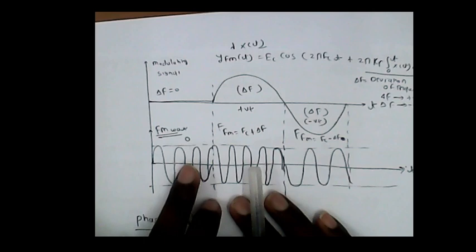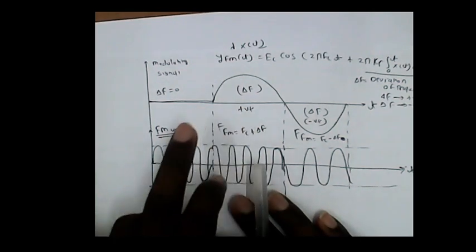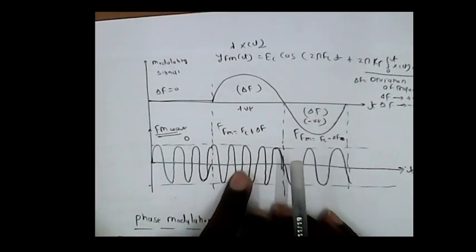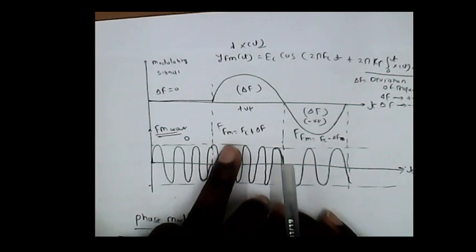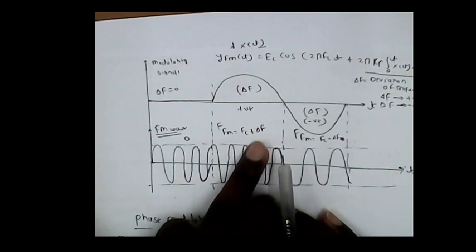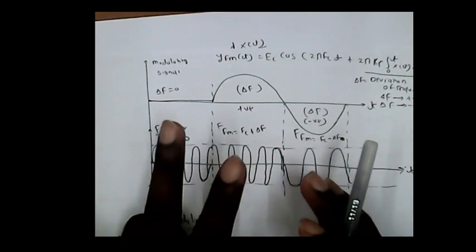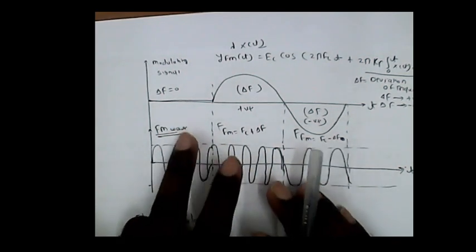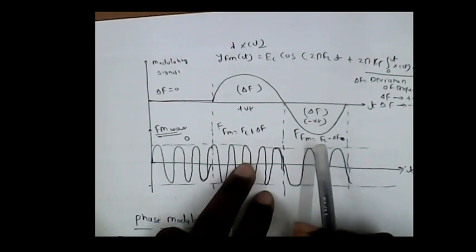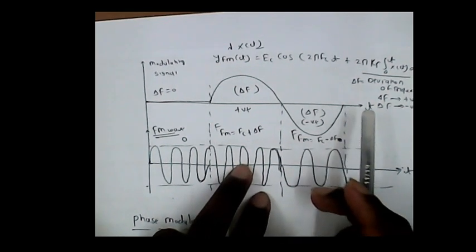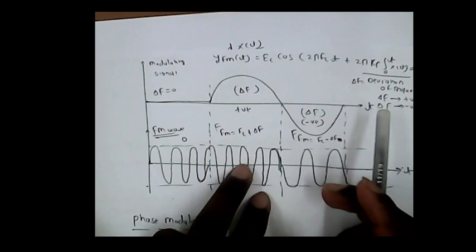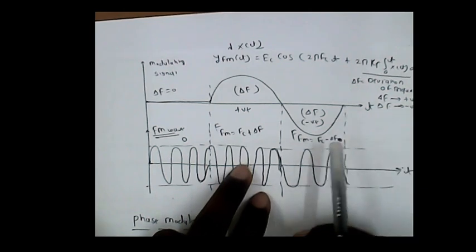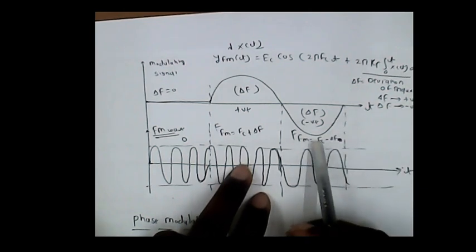Whenever the amplitude is maximum, the frequency is fc plus delta f, that is the maximum. There is no separation of the frequency. Whenever the frequency deviation, that is 2 pi kf integration 0 to t of x of t dt, is negative, the frequency deviation is negative.